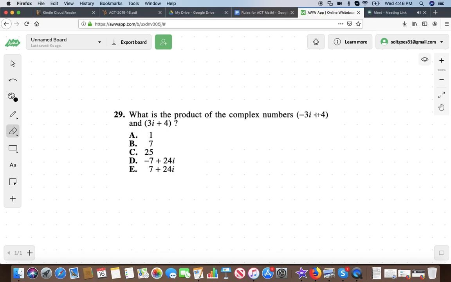So we've got negative 3i plus 4 times 3i plus 4. Can I see you do the FOIL method here and multiply the firsts? Show me what we get.